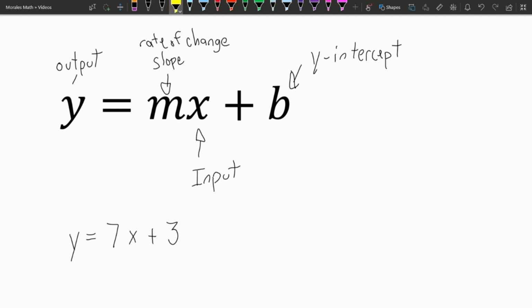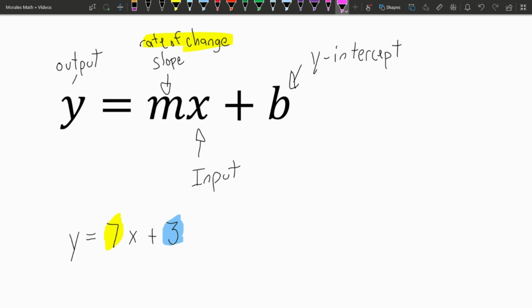So again, my rate of change is my $7 per hour. My bonus, or what I got when I first started the job, was my b. I got paid $3 right on the spot.